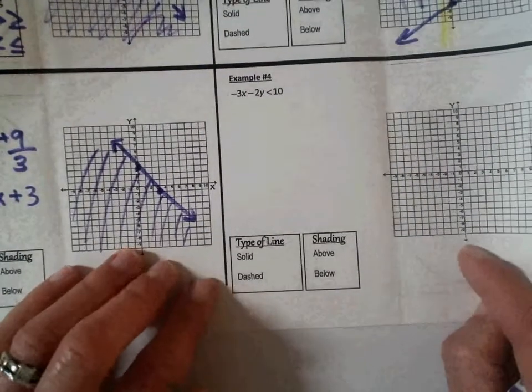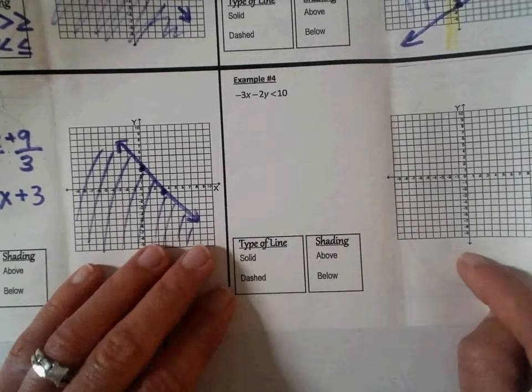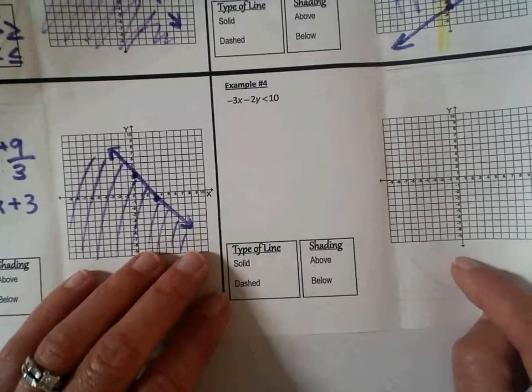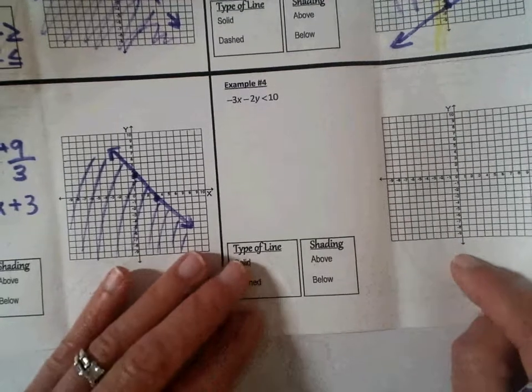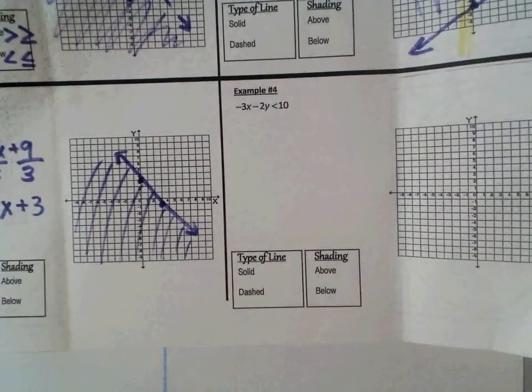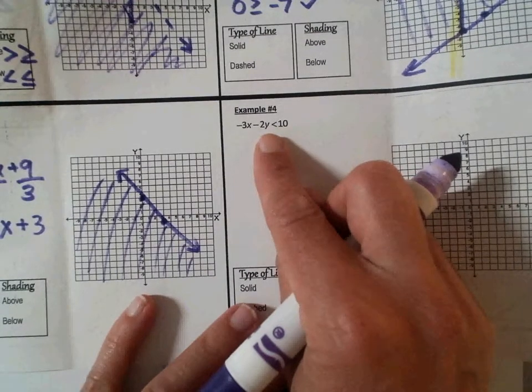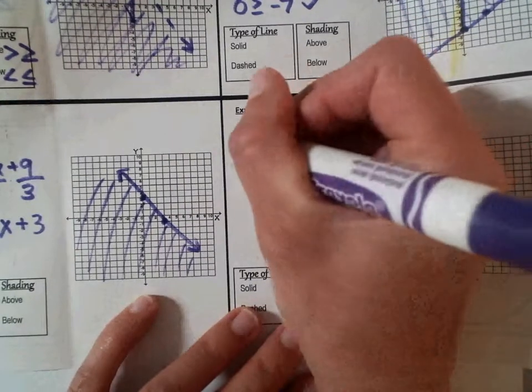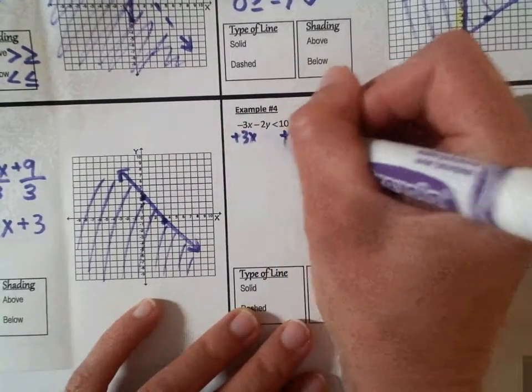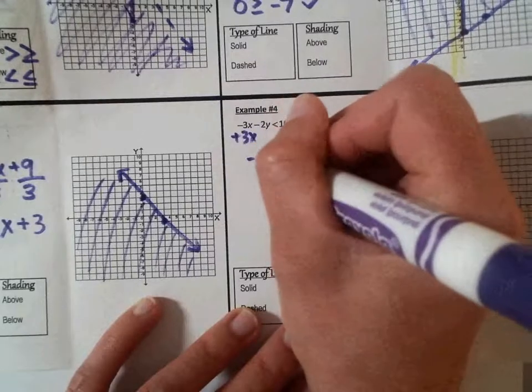Okay, number 4. This one I would suggest on all the inequalities that you get them into slope-intercept form, because then you can go straight from the inequality to the graph, instead of checking points. It's faster. All right, so if you got to get this in slope-intercept form, what should you do? Yeah, add 3x.